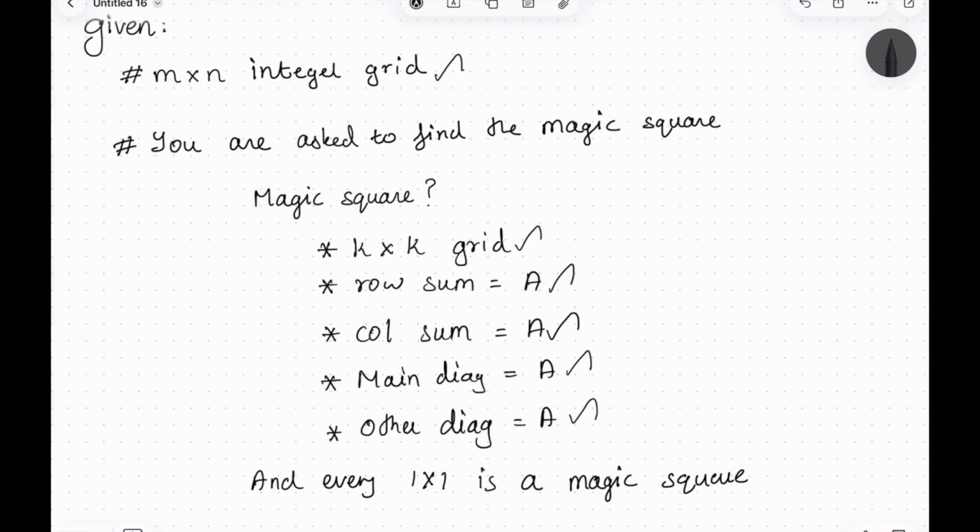Which means the row sums, column sums, main diagonal sum and other diagonal sum should all result in the same number. In such a case we call that particular square a magic square, right?